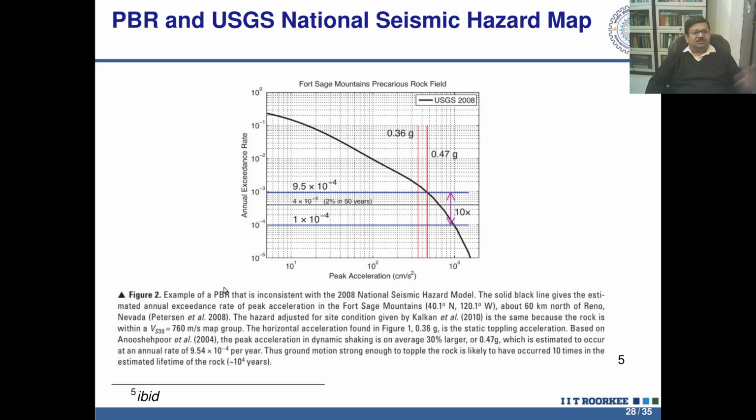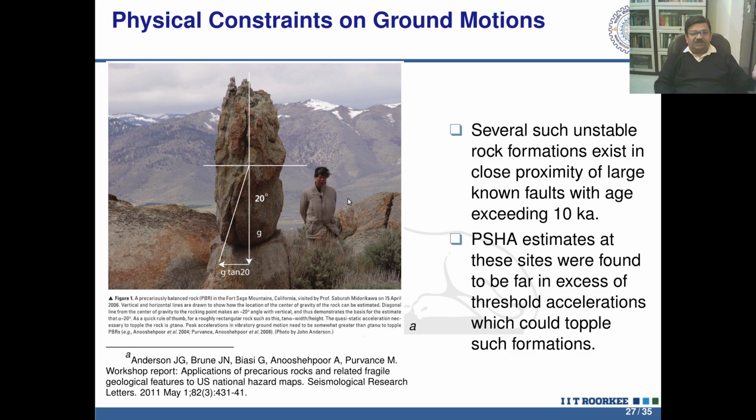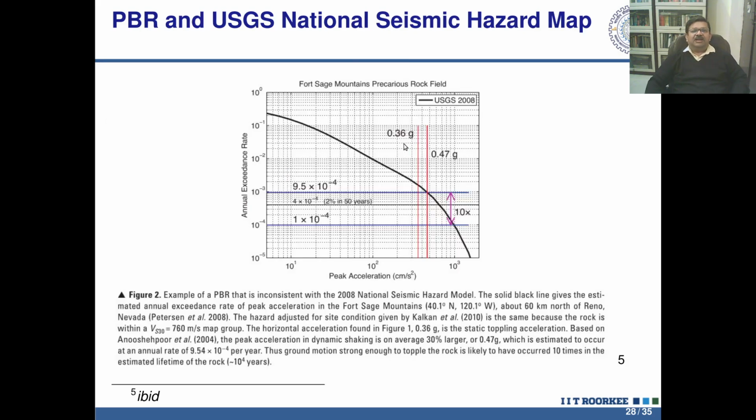Right? So they worked out that this particular rock mass will be toppled at an acceleration of 0.36 g, right? And that was for static push. So in accounting for the dynamic effects, 33% increase, it works out to about 0.47 g.